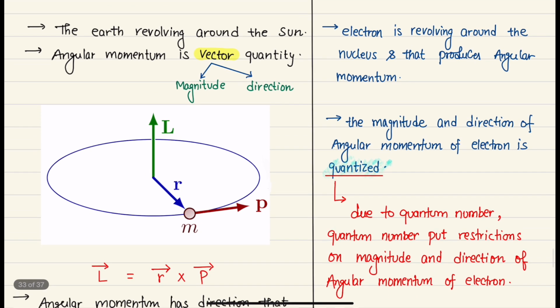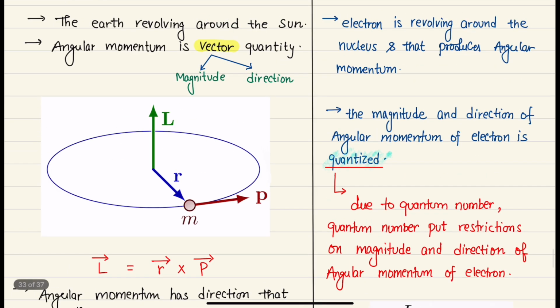But there is a very interesting thing in quantum mechanics: the magnitude and direction of angular momentum of the electron is quantized. Quantized means it is a restricted value, or a fixed value. Understood?